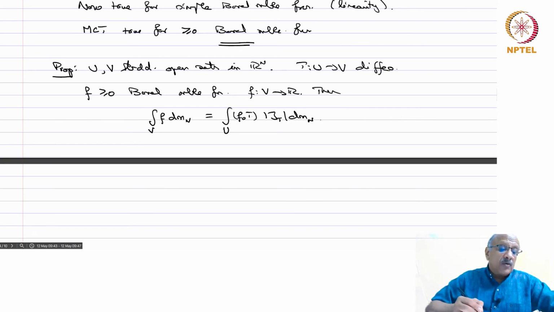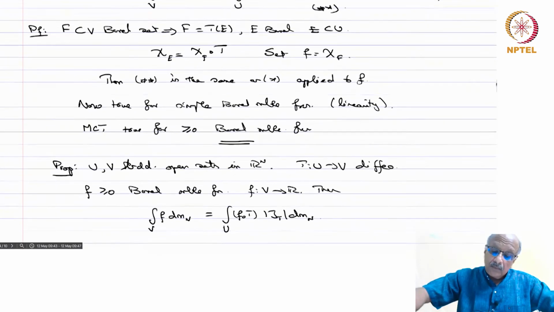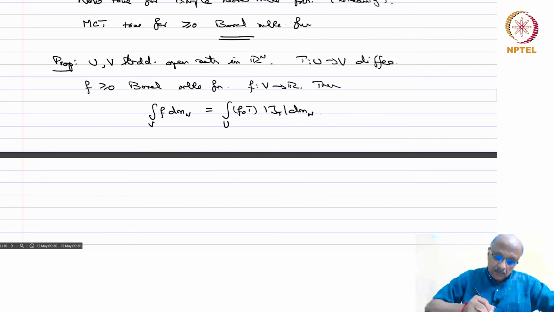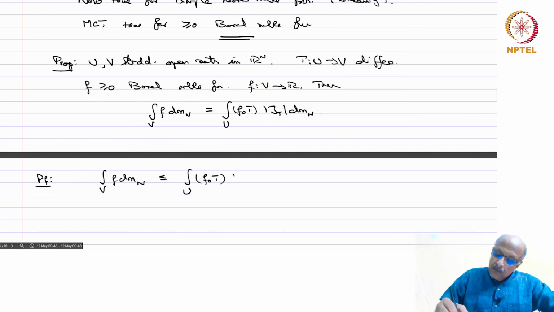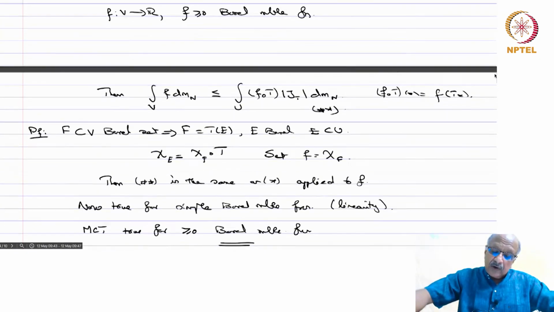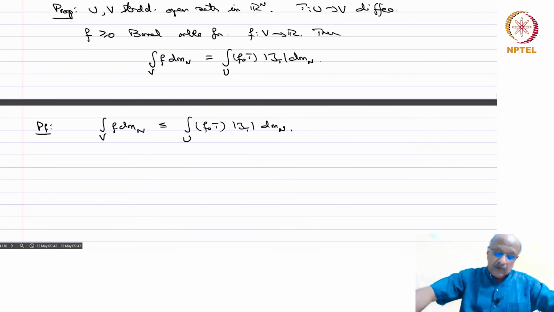Now, proof. Well, we already know that the integral over V of F dμn is less than or equal to the integral over U of F composed with T times mod Jt dμn. This is double star, which you already have. I am just recalling it here.